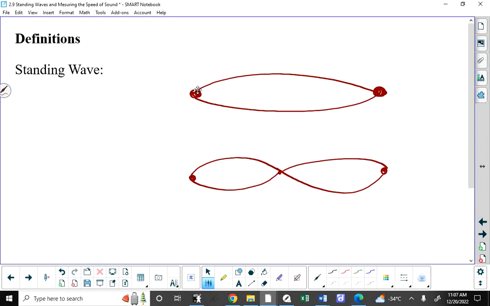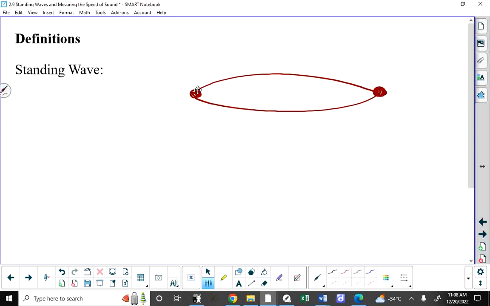And I'm not very happy with that diagram at all, so I want to redraw that. That's a little better. And what happens is you get this point here, this point, and this point, which are all stationary.